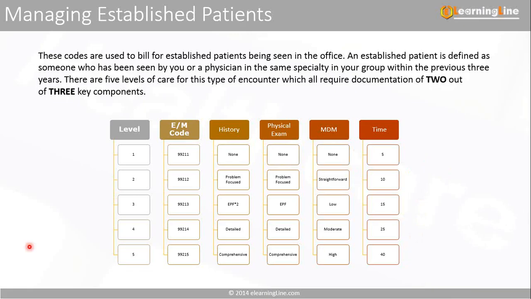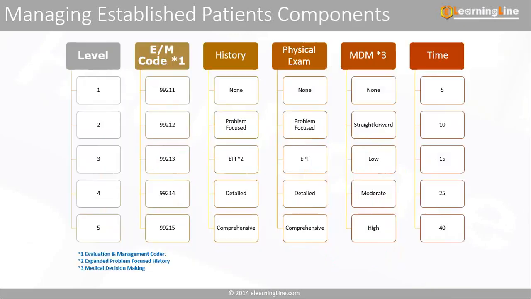So what we are trying to understand over here is, let's look at this, okay? You have a level 1, 2, 3, 4, 5. There are 5 levels by which any insurance can bill. 99211, 99212, 13, 14, 15.